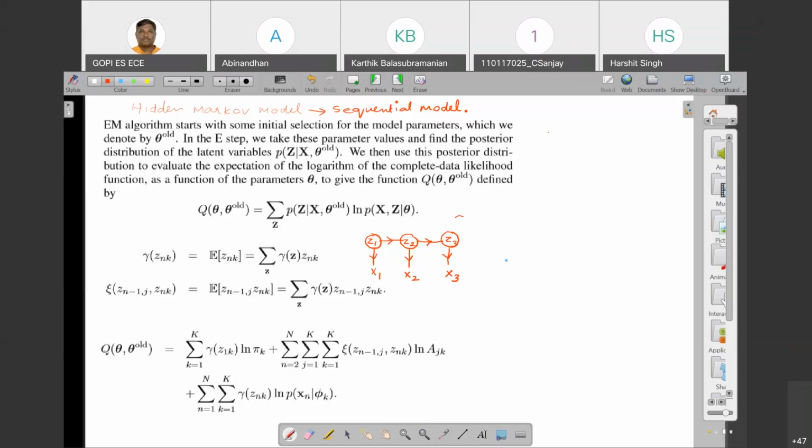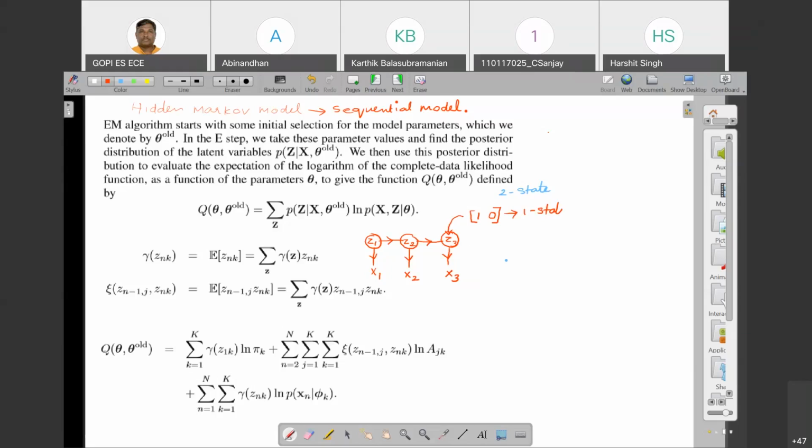This latent variable is basically a vector in which only one element is going to be 1 and all other values are going to be 0. Suppose we have only two states, and all these vectors are getting generated with two states, then each latent variable is represented with two elements. Say, for example, if Z3 takes the value 1, 0, it means it is the first state.